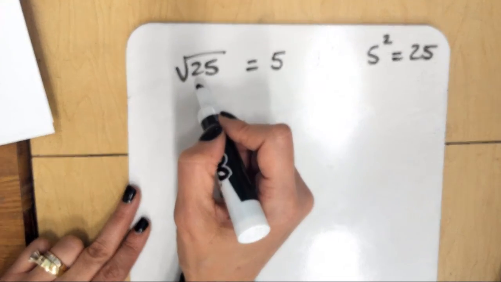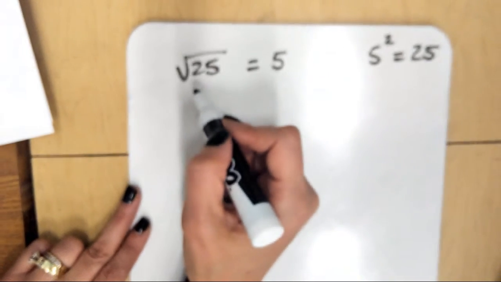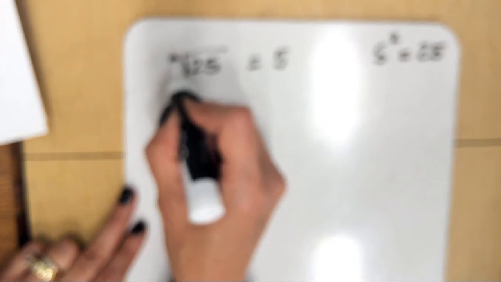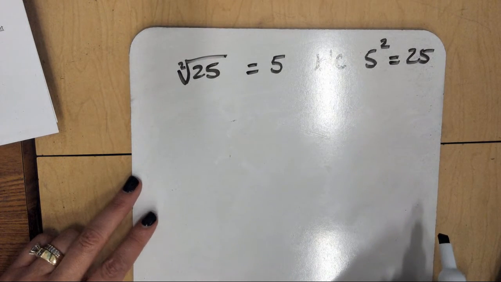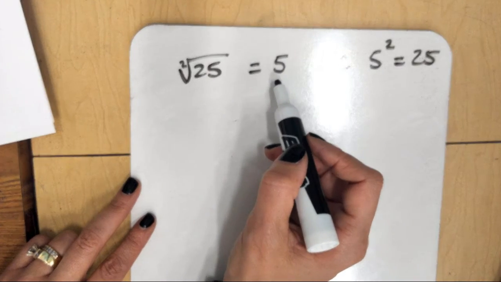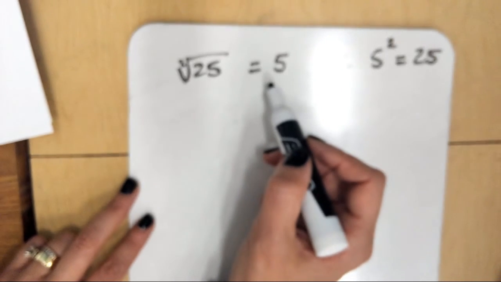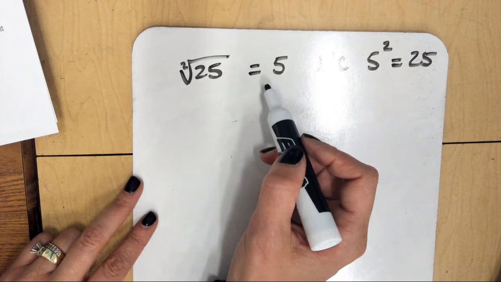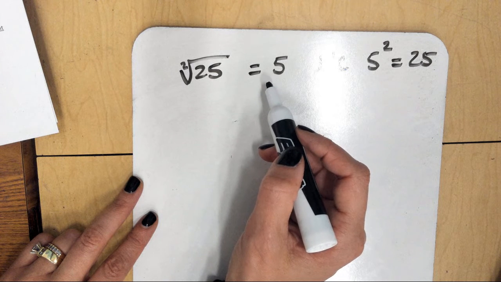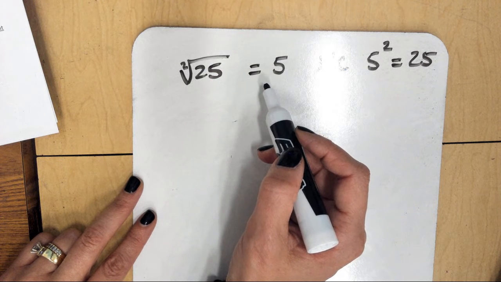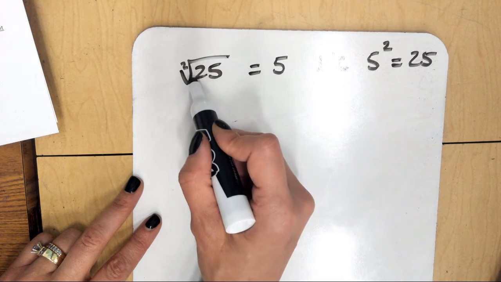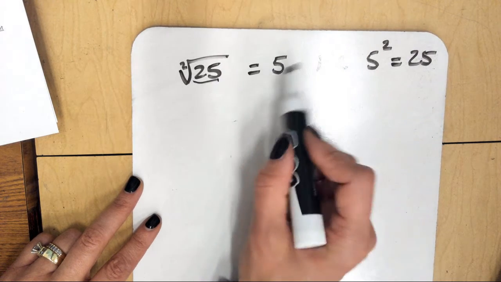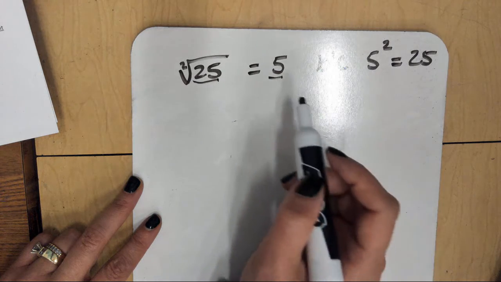When we write a square root, we don't write the index, but we understand that this is 2. Square root is our second root. Notice I only put a positive 5 and not plus or minus 5, because since we're talking about the nth root, we're talking about the principal root. Principal root just means if it's a square root, it's positive, because this number 25 is positive, so 5 is positive.